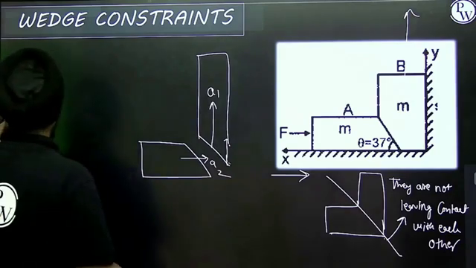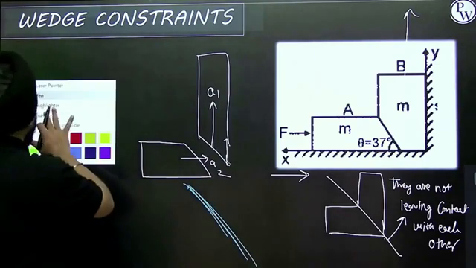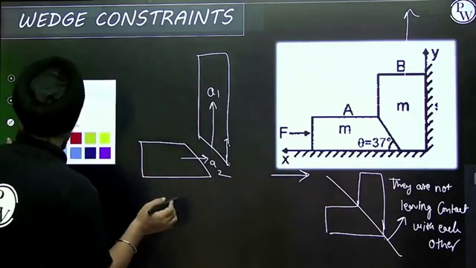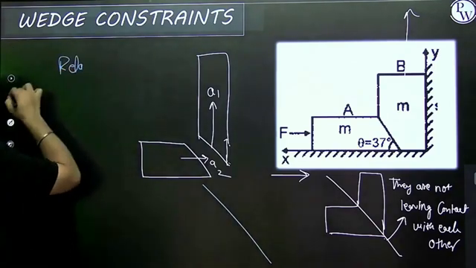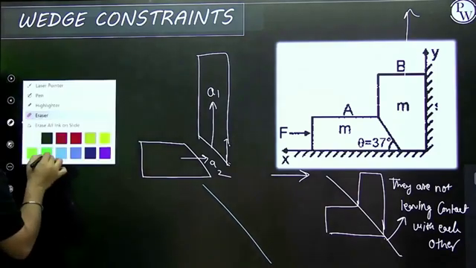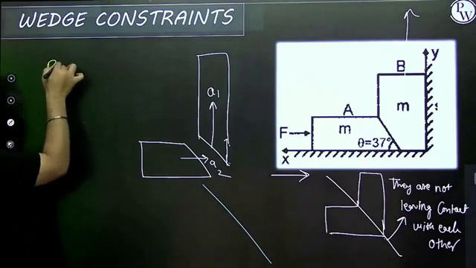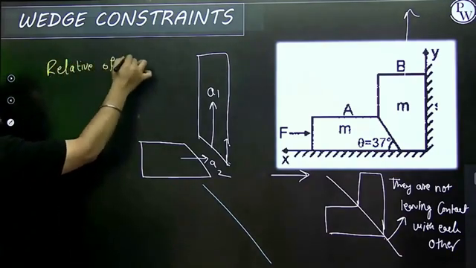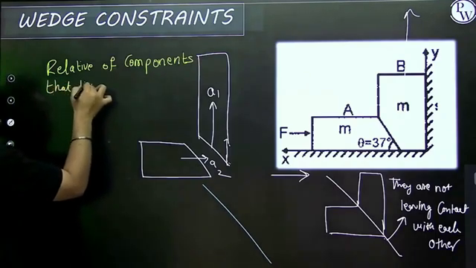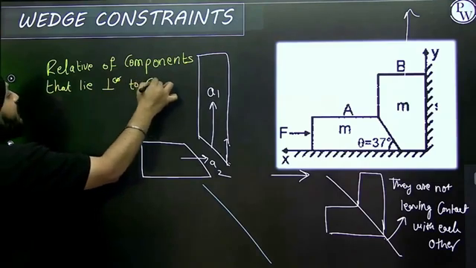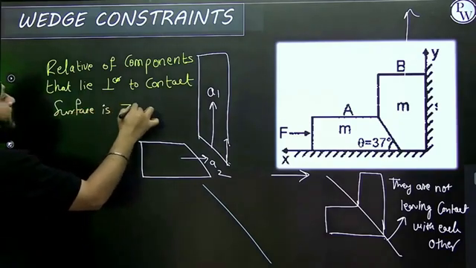So the relative of the components of the acceleration that lie perpendicular to the contact surface is 0.